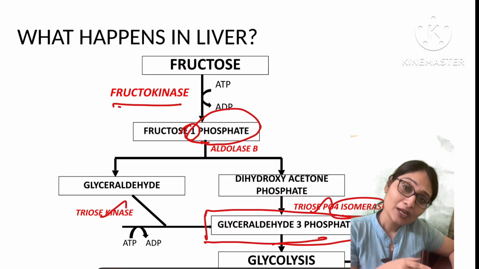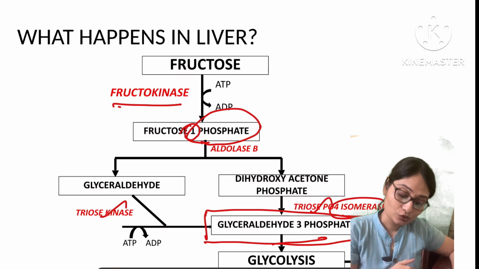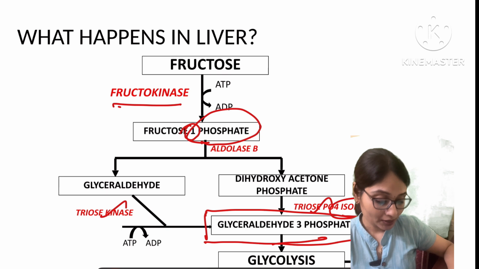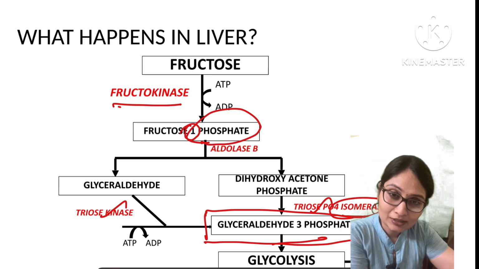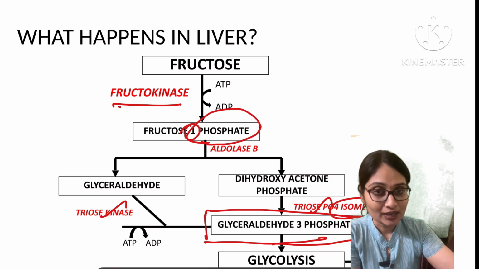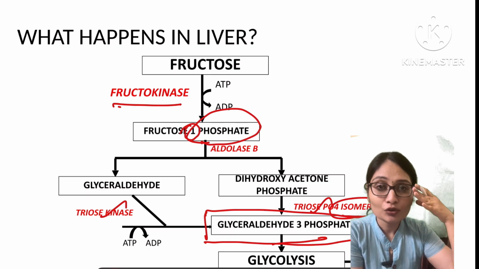What happens to dihydroxyacetone phosphate? It gets converted to glyceraldehyde 3 phosphate. Glyceraldehyde also gets converted to glyceraldehyde 3 phosphate. What happens to this glyceraldehyde 3 phosphate? It undergoes the further downstream steps of glycolysis, ultimately yielding pyruvate. So what do we get out of pyruvate?